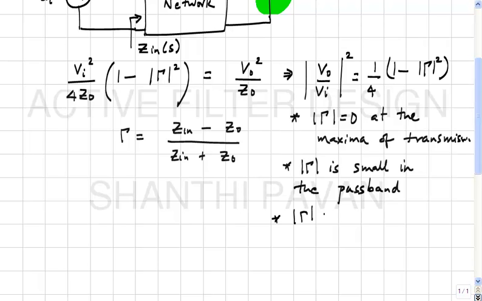Okay. What other observation can you make? Mod gamma is approximately 1 in the stop band. And as a final observation, mod gamma is exactly equal to 1 at infinity, of course, but anywhere else you think? At the zeros of transmission, yes.